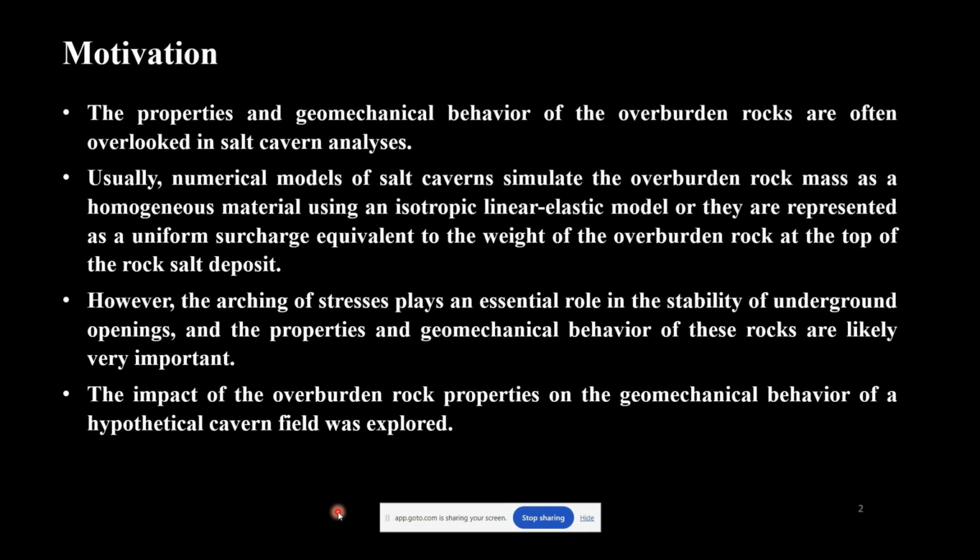They are estimated roughly, and people don't pay that much attention to their behavior because it is considered that the rock salt has the major role in the deformations. So normally in numerical studies of salt caverns, the overburden rocks are simulated with homogeneous material and isotropic linear elastic models, which is the simplest constitutive model possible, or sometimes they are just represented as a surcharge over the top of the rock salt deposit.